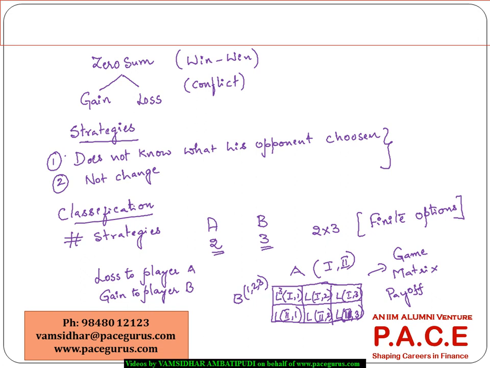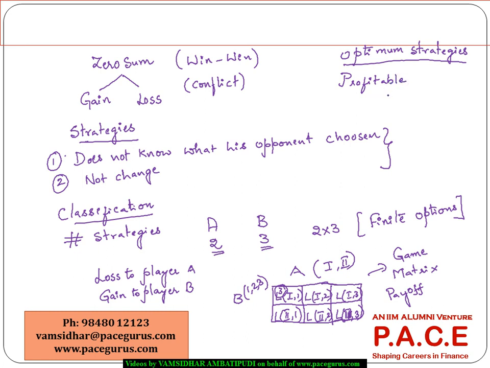The loss is $3 to A, and the same is a gain to B. And the main intention of this entire game theory is to come out with optimum strategies. What is the strategy that A has to follow? What is the strategy that B has to follow in such a way that it becomes more and more profitable to them?